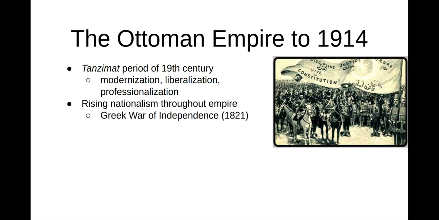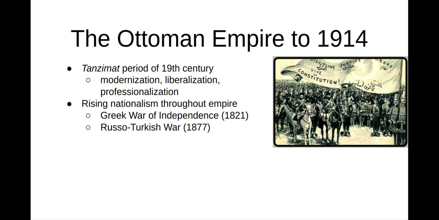But there's also, throughout the Ottoman Empire, as the Ottoman Empire is almost desperately trying to modernize and make itself, to a certain extent, in the image of these European powers, rising nationalism throughout the empire. Some examples of this happen outside of what we might call the core Turkish context of the Ottoman Empire.